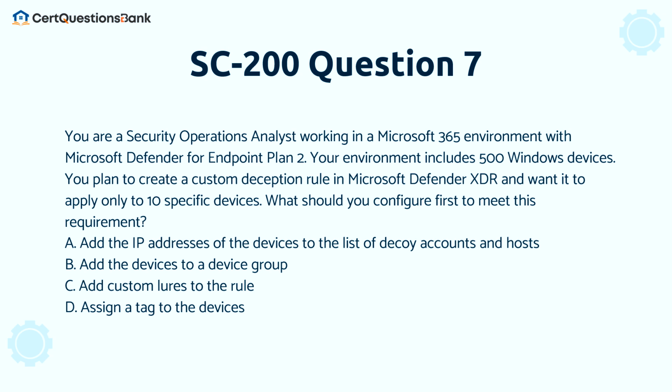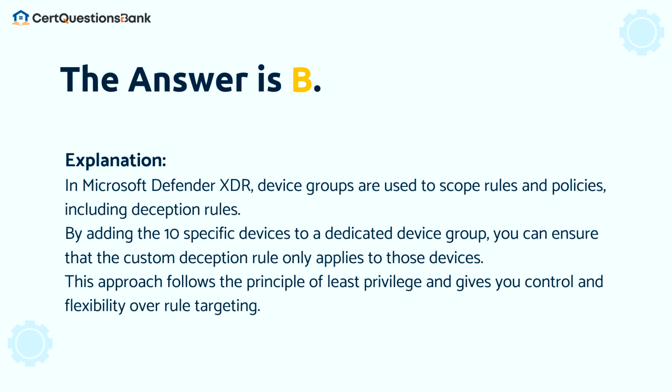What should you configure first to meet this requirement? A. Add the IP addresses of the devices to the list of decoy accounts and hosts. B. Add the devices to a device group. C. Add custom lures to the rule. D. Assign a tag to the devices. The answer is B.